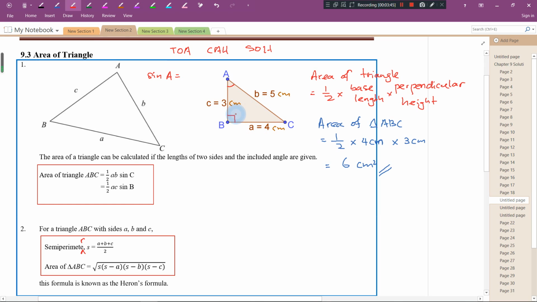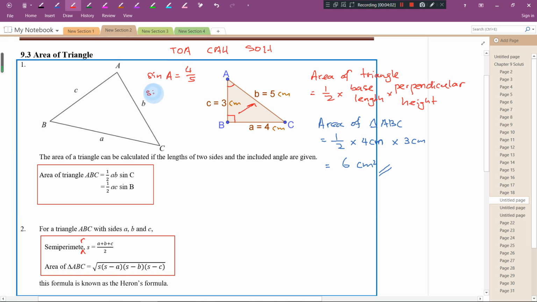The side opposite the right angle will always be the hypotenuse. So sine A is 4/5.